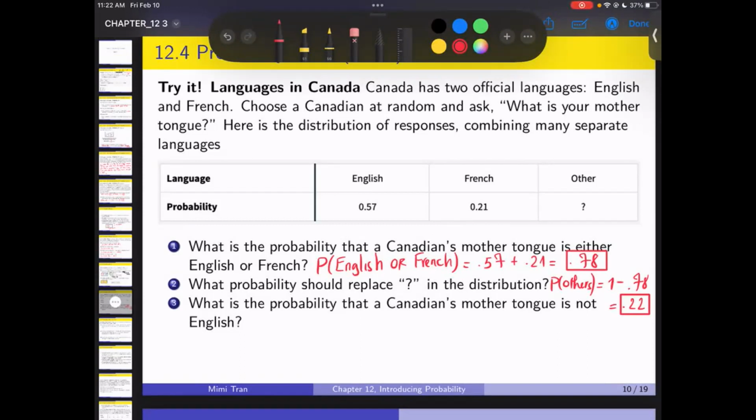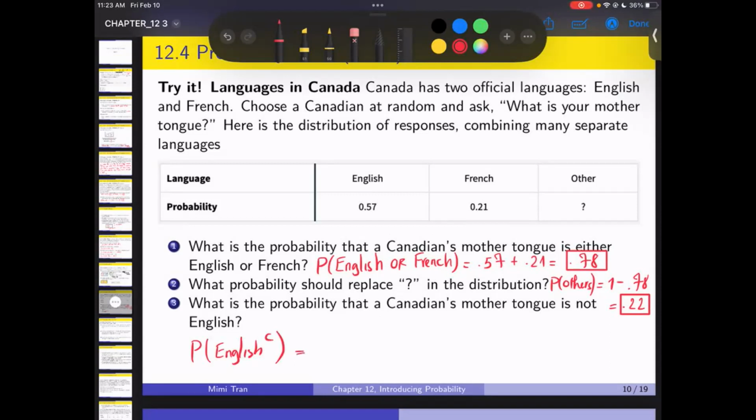What is the probability that a Canadian's mother tongue is not English? What kind of probability am I talking about? Complement, right? So P of English complement. We note it like that. Everything but English.